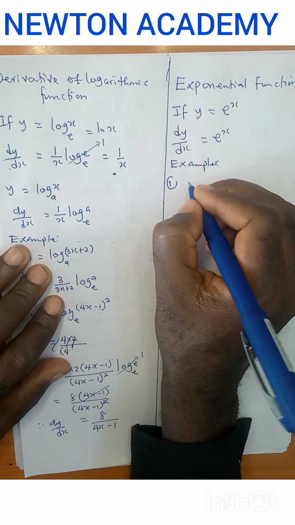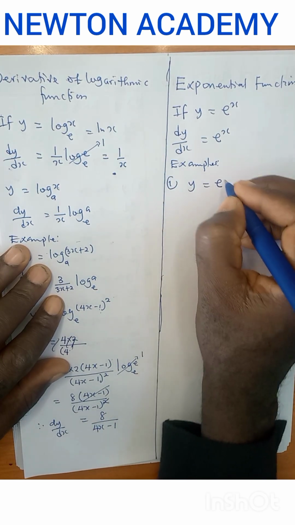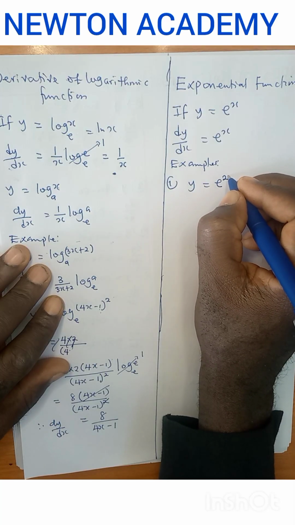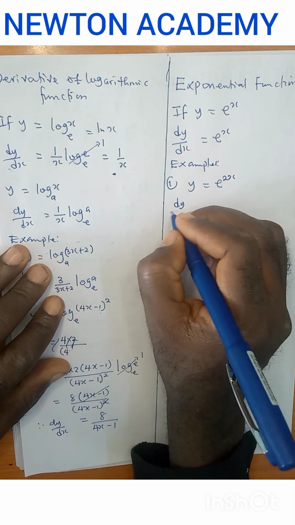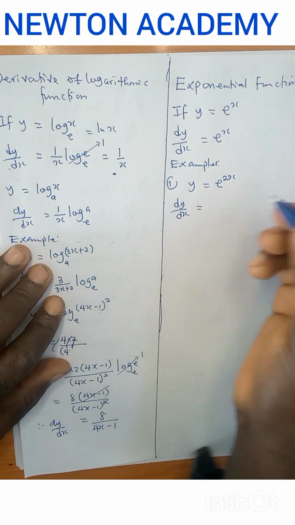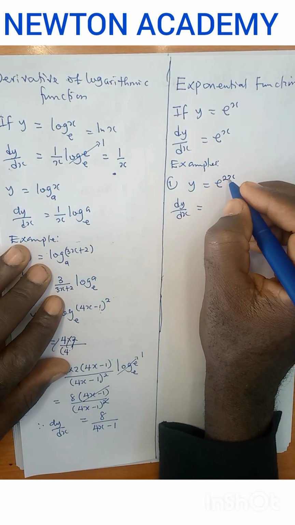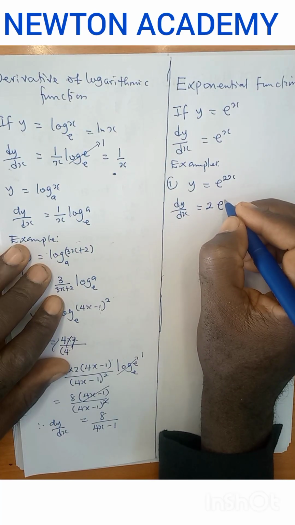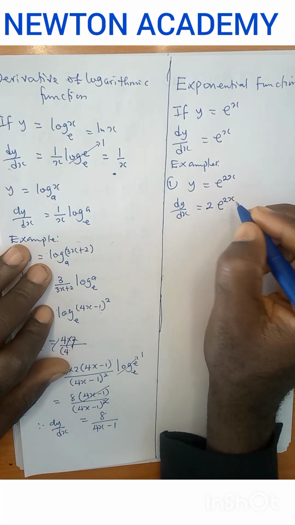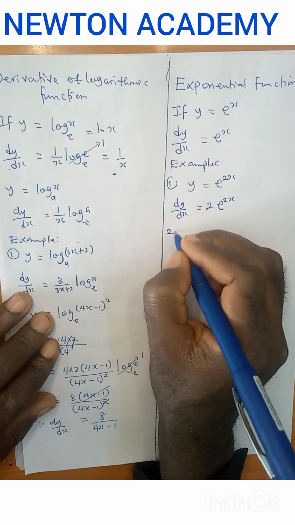Number 1, if you are given y is equal to exponential 2 raised to power 2x, now to differentiate this one, dy/dx, what you will do is differentiate this power. Differentiation of 2x is 2, then you bring it down, then you write 2e raised to power 2x. That will be the differentiation. Now let's take another example.